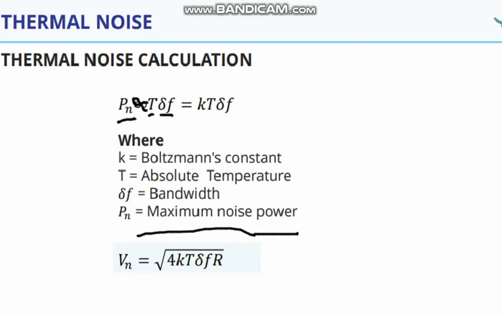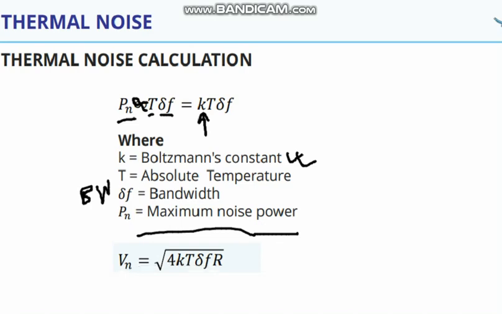In some mathematics we can also see BW here. If we put in a proportional constant, k is the Boltzmann constant here, and as we know, Pn is equal to Vn squared divided by R. After calculating, we will get Vn equal to the square root of 4kT times bandwidth times R.